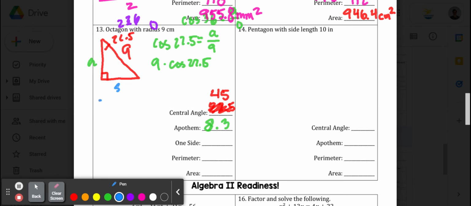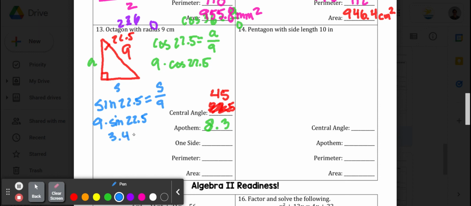Okay. Blue, a little always trickier with this one. Opposite hypotenuse, so that's going to be sine of 22.5 equals opposite over hypotenuse. So that's going to be 9 times the sine. I always want to skip the I. So 9 times the sine of 22.5 is going to give us 3.4. But remember, that's not the whole thing.